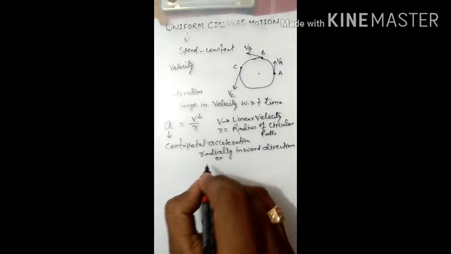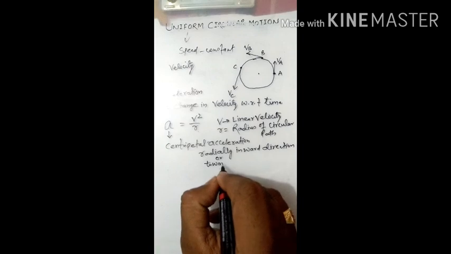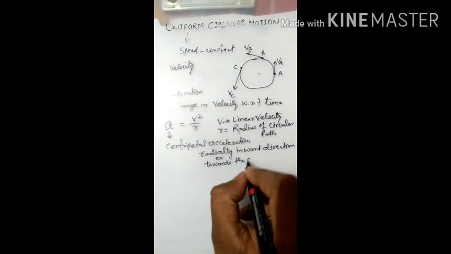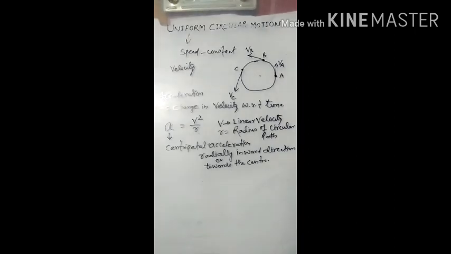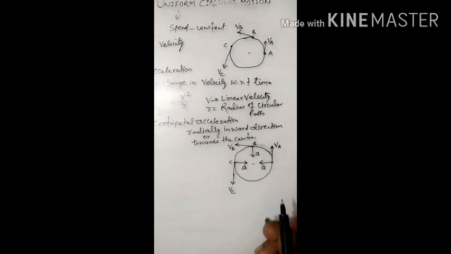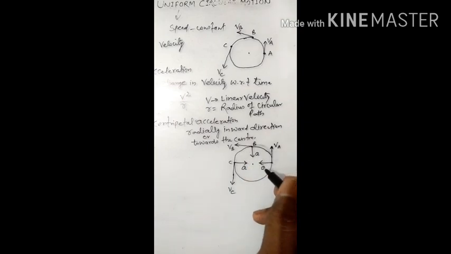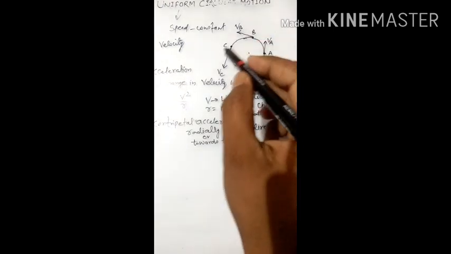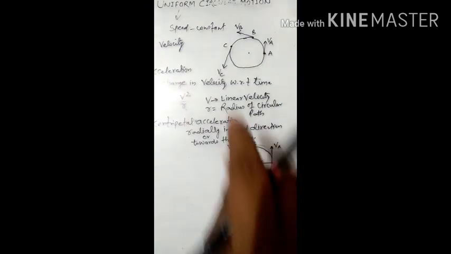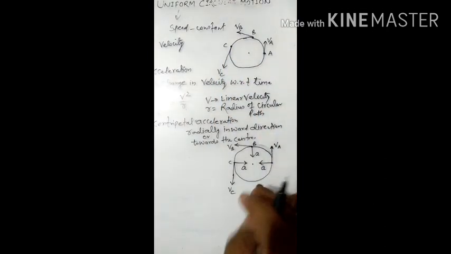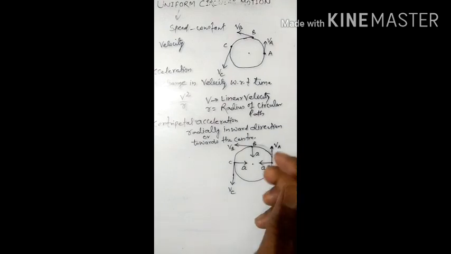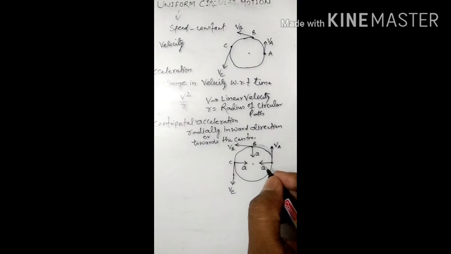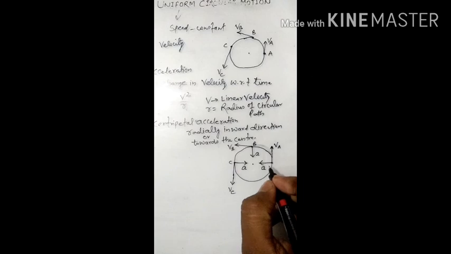or we can say that it acts always towards the center. The centripetal acceleration always acts radially inward, towards the center. In the previous diagram, I located three points; in this diagram, I am trying to show the direction of centripetal acceleration at these points.